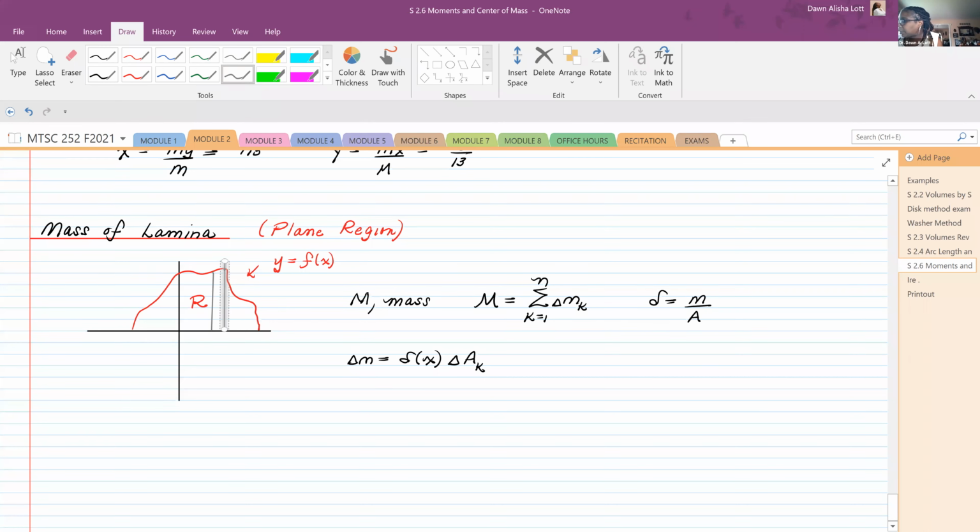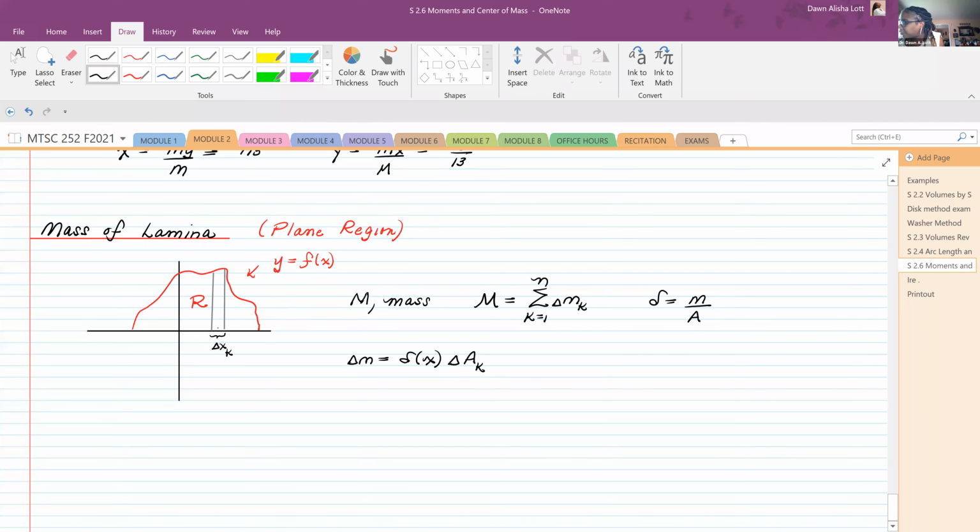And if I'm looking at this piece and I'm trying to determine what the area of this piece is, then I'm going to have this length, that's delta xk.